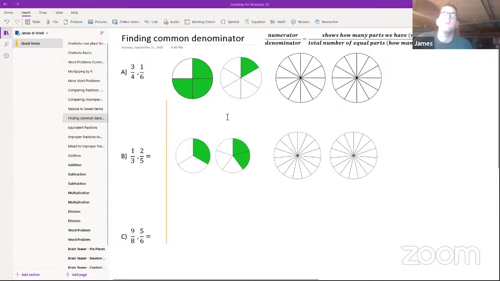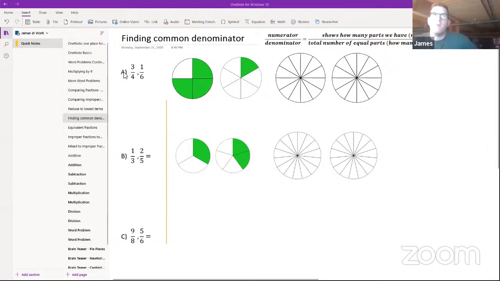All right, so when you have two different fractions, it can be important to find a common denominator for those fractions. And just as a reminder, the denominator is the lower number on a fraction, and the numerator is the upper number.